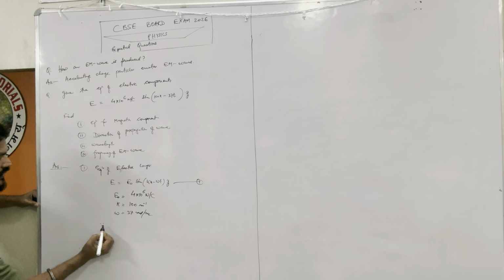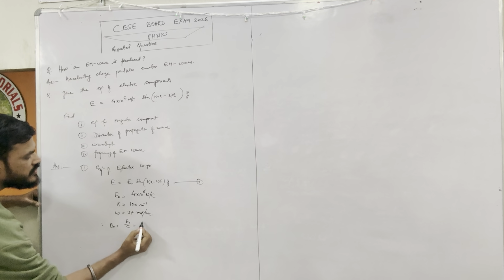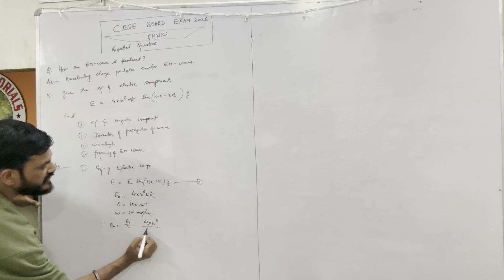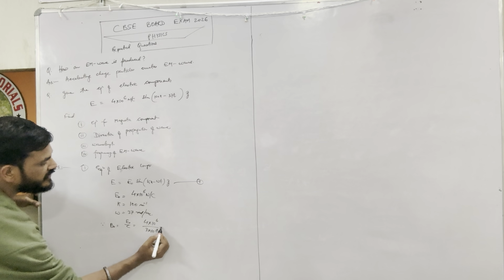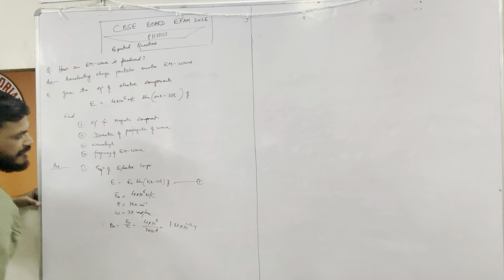Since B naught is given by E naught by C, with E naught 4 into 10 power 6 and C 3 into 10 power 8 meter per second, it comes out to be 1.33 into 10 power minus 2 Tesla.